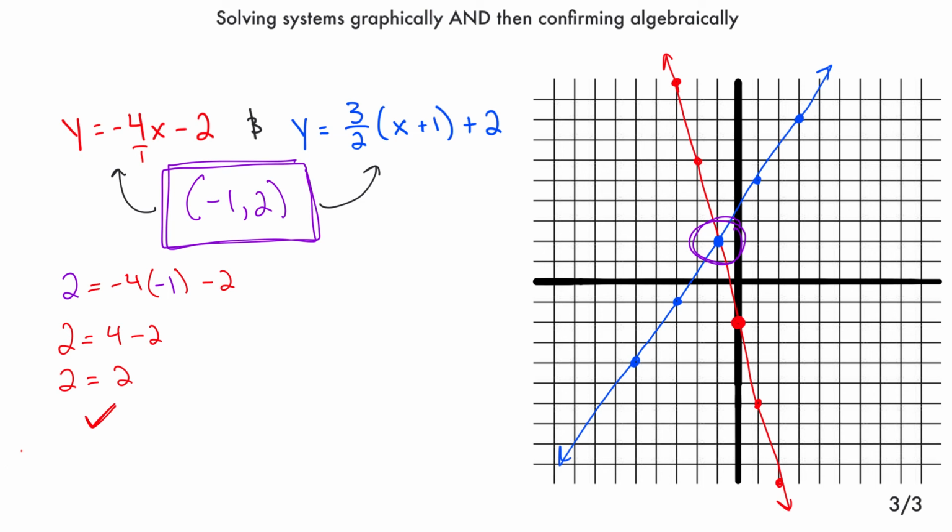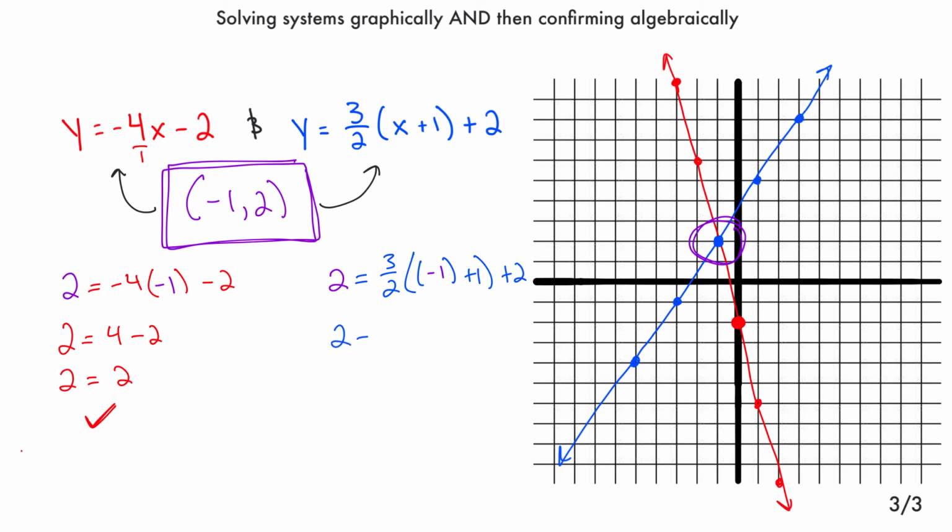Next, I need to plug that coordinate into my blue equation. That's going to give me 2 is equal to 3 over 2 times the quantity of -1 plus 1, plus 2. -1 plus 1 inside the parentheses turns into 0.